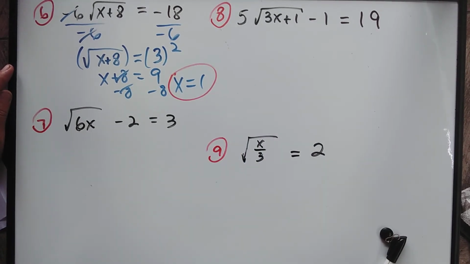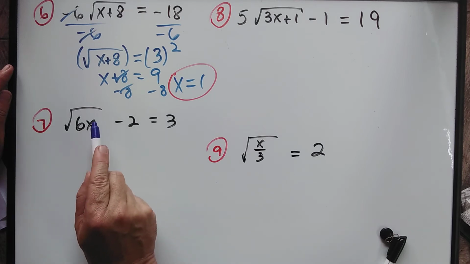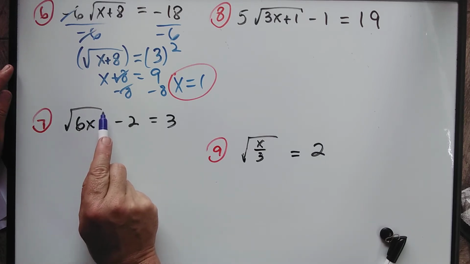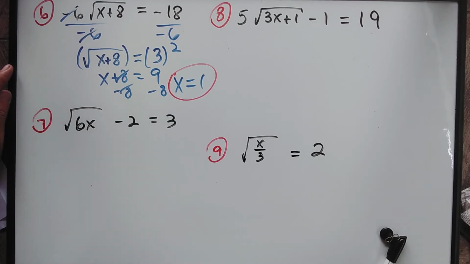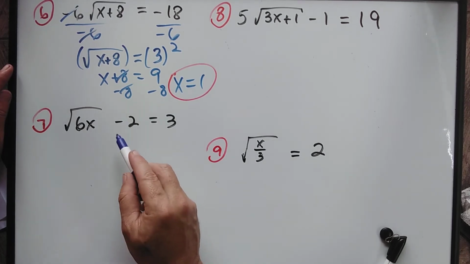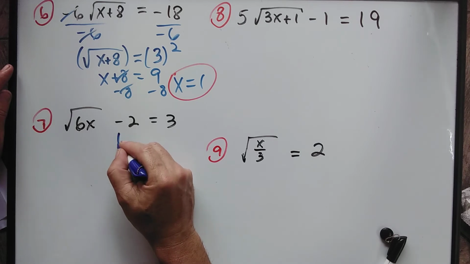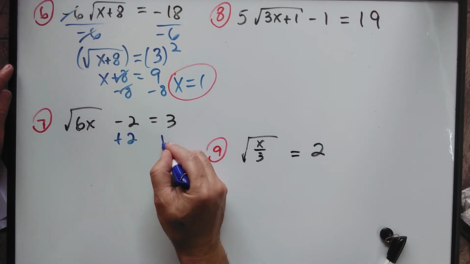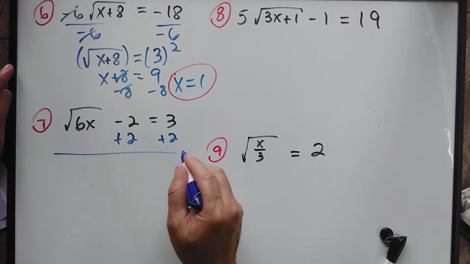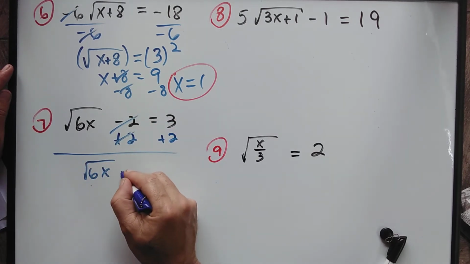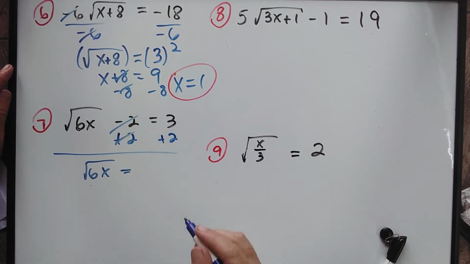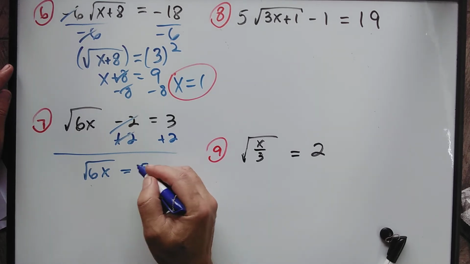Next example, same thing. If the radical would have extended up to this point, then I would just square both sides and take it from there. In this case, there is a number outside the radical, therefore I need to move it to the other side to leave the radical part by itself. So you got square root of 6x equals 3 plus 2, which is 5.